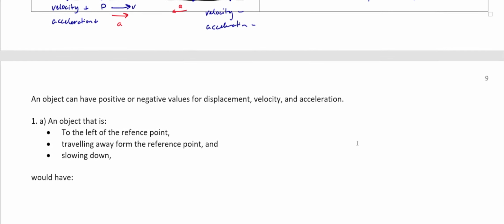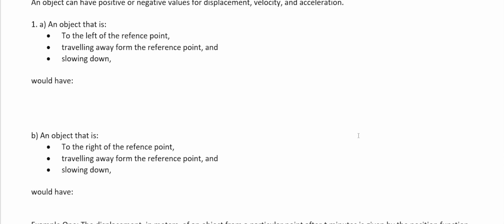Okay, let's keep moving. An object can have positive or negative values for displacement, velocity, and acceleration. So let's take a look at this description in words. An object that is to the left of the reference point, traveling away from the reference point and slowing down would have the following.